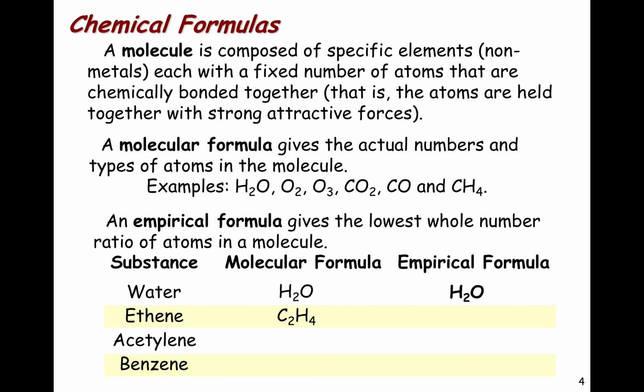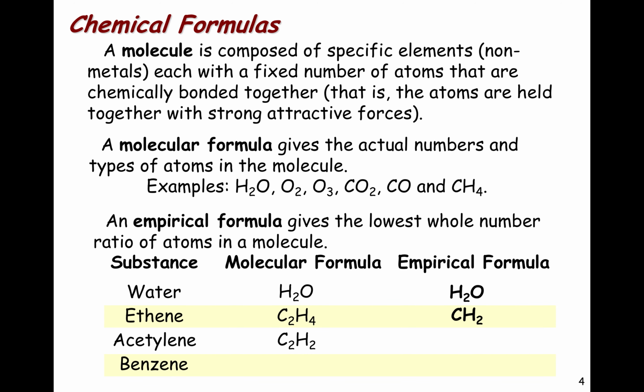Ethene has a molecular formula of C2H4, but in fact, both the 2 and the 4 can be divided by 2 to lower that ratio to end up with an empirical formula of CH2. Acetylene has a molecular formula of C2H2, which both of the 2's can be divided by 2.